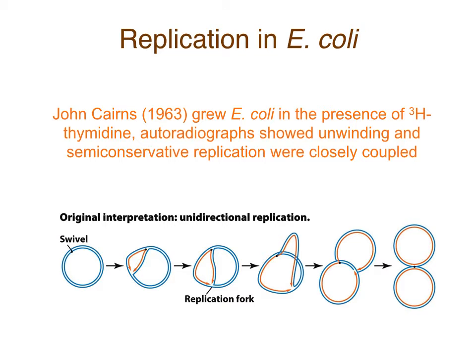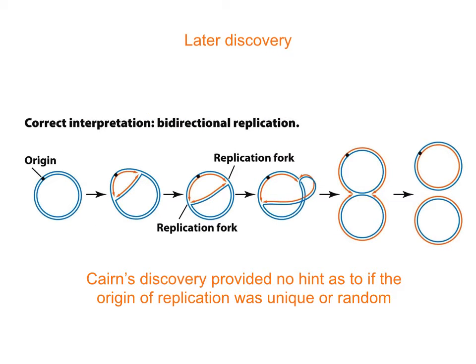And as you can see here in the diagram, it clearly shows that DNA replication occurred or began at a single place. We later discovered that it wasn't unidirectional, but rather it was bidirectional, and that made sense because we knew that DNA was replicating fast, and replicating in a bidirectional fashion is much faster than a unidirectional fashion.